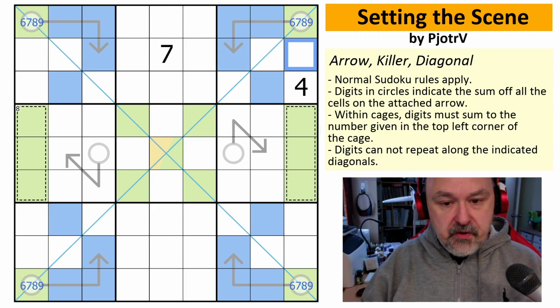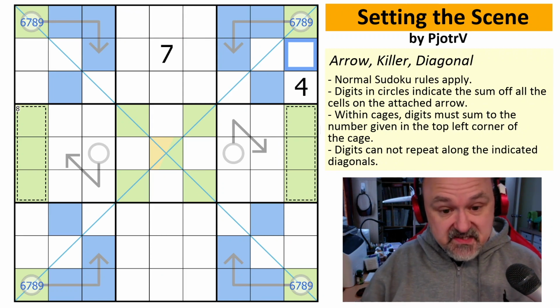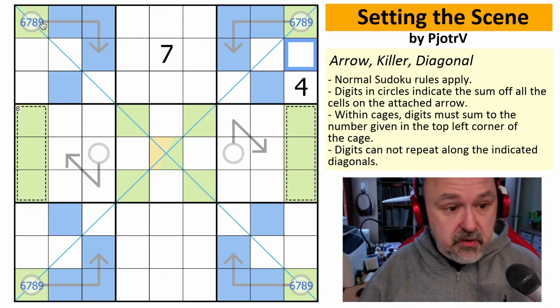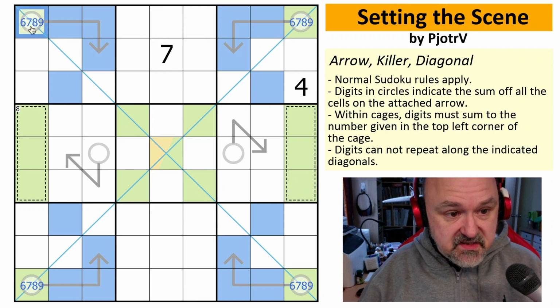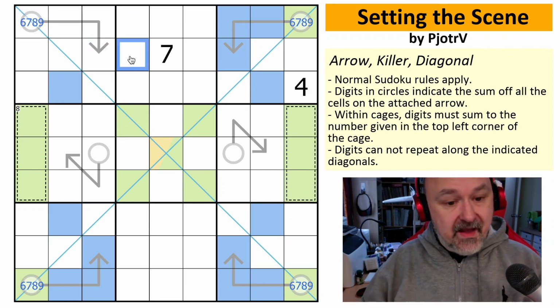Now we're going to break the equivalence of exact digits and turn it into totals, because we know that this cell has the same sum as these cells. So if we remove all of those cells, green and blue no longer have exactly the same digits in them, but what they do have is the same total.